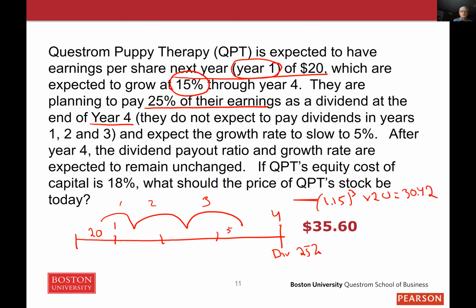So our earnings in year 4 are going to be $30.42. Our dividend is 25% of that. So 7.604. It's not very legible.